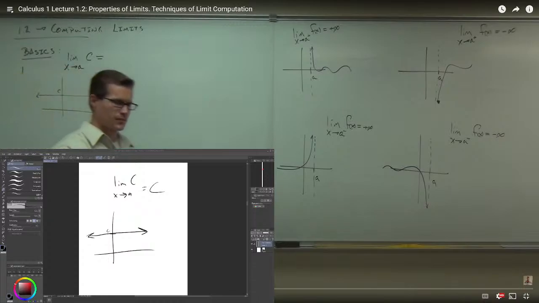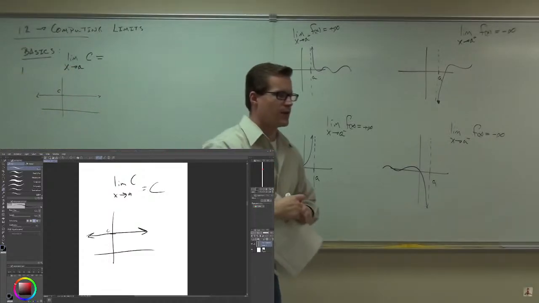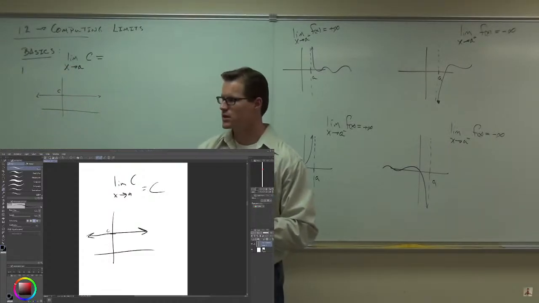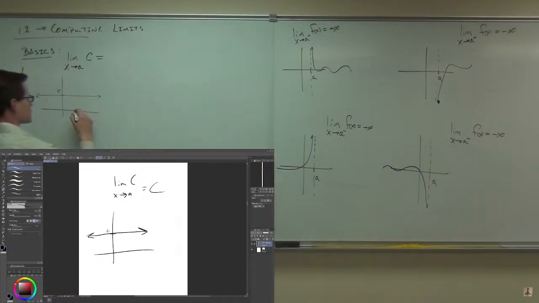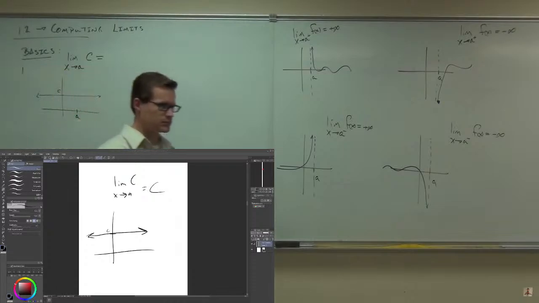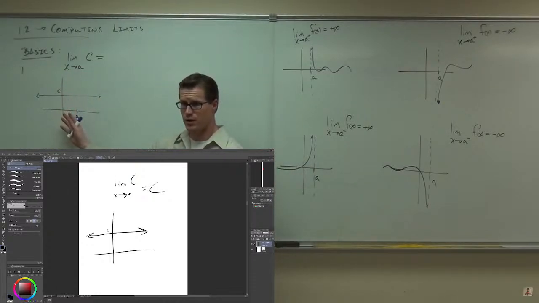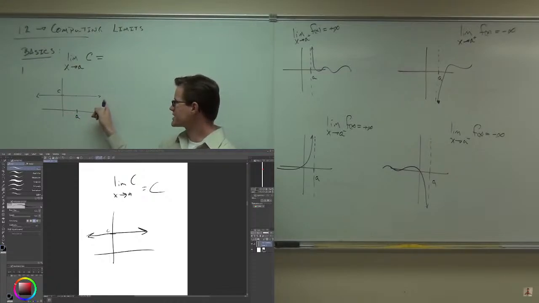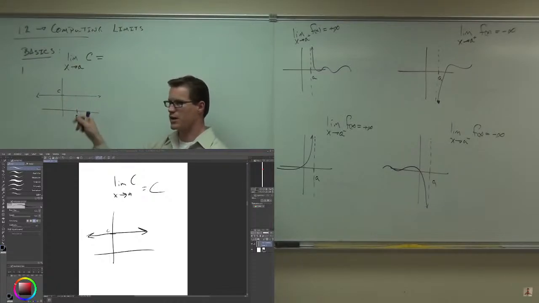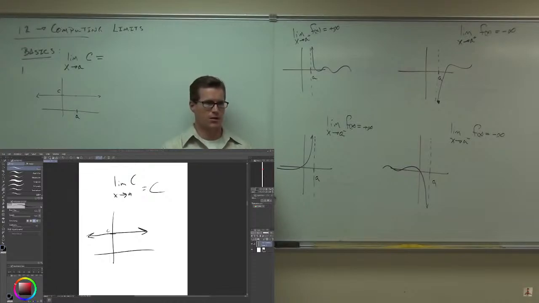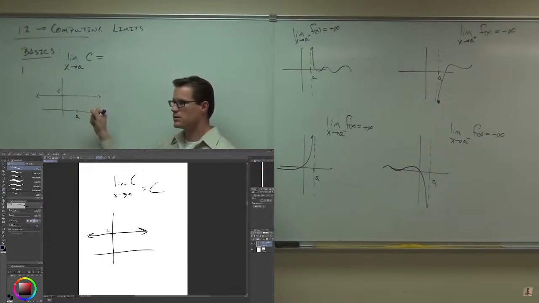Well, here's the cool thing. If I take a limit at any point whatsoever, so for instance, here's my a. I just picked a random point, it doesn't matter what it is, it's arbitrary. What's the limit as we go from the left? C. From the right?